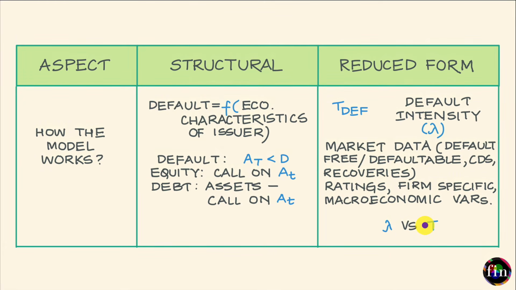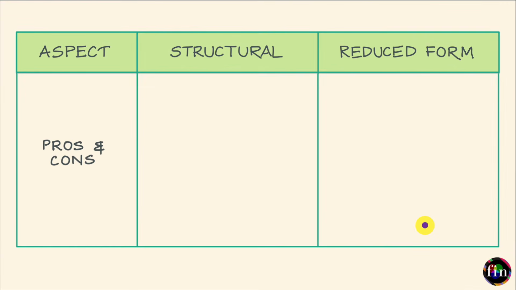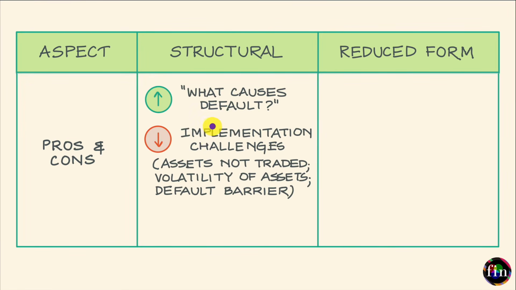Okay, next, let's do this. Let's finish off this video by taking a look at the pros and cons of these two types of models. When it comes to a structural model, a big upside of a structural model is that it gives you a lot of clarity about the nature of default.